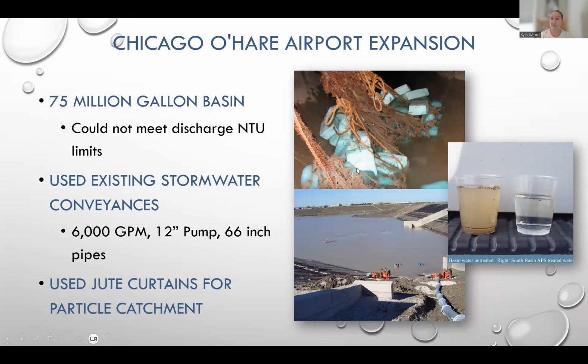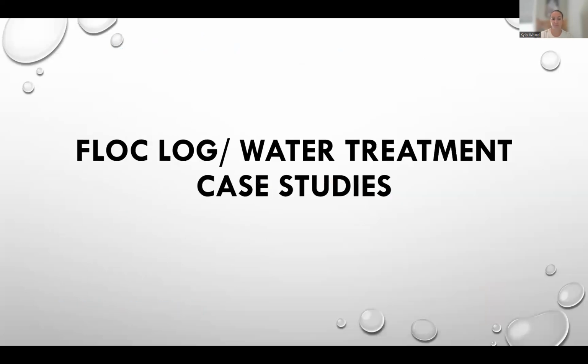But again, we had enough mixing, enough reaction, and it was the right formulation. They were doing this on a much larger scale than the pictures we looked at a minute ago. After they discharged that water, they had a series of jute particle curtains to aid in additional particle capture downstream of that.